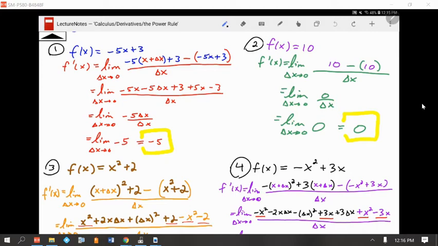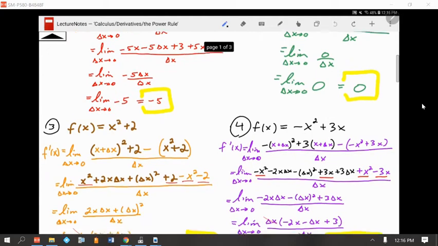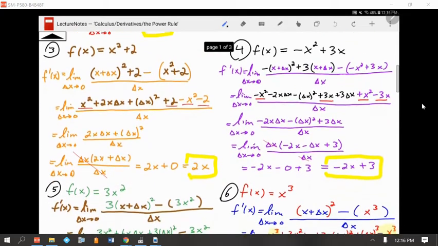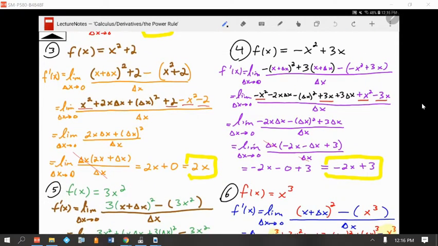3, 4, things get a little more exciting. Number 3, I worked out one almost identical on the other video. This is x squared plus 2. The other video I just did x squared.